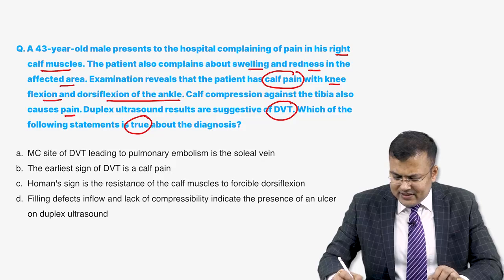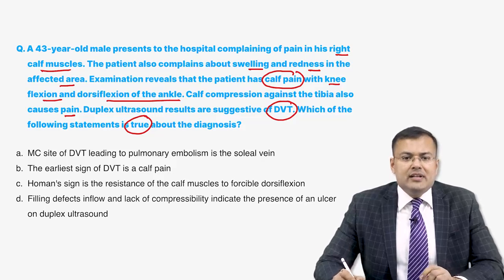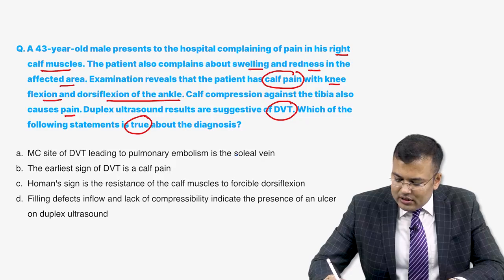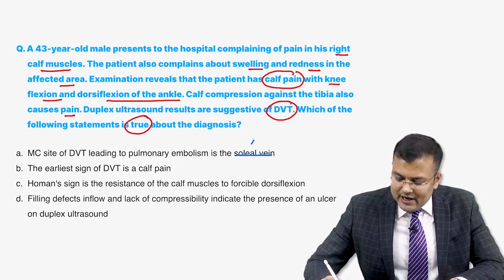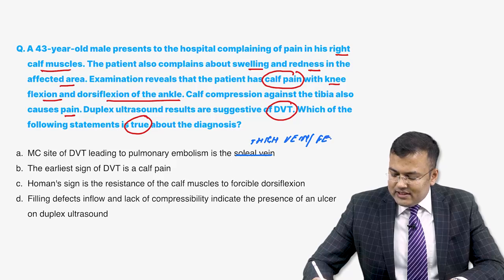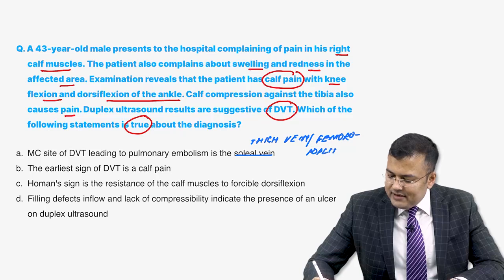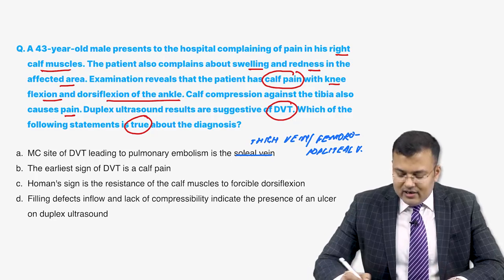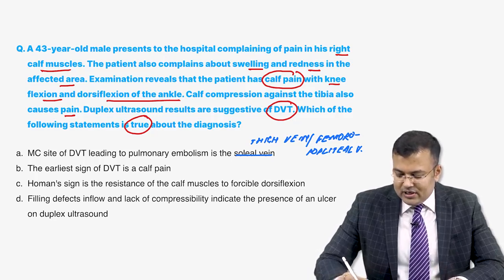See the facts. Most common site of DVT leading to pulmonary embolism, it's not soleal vein. It's thigh vein, which is also known as femoropopliteal vein. Second, earliest sign of DVT, it's not calf pain, it's calf tenderness.